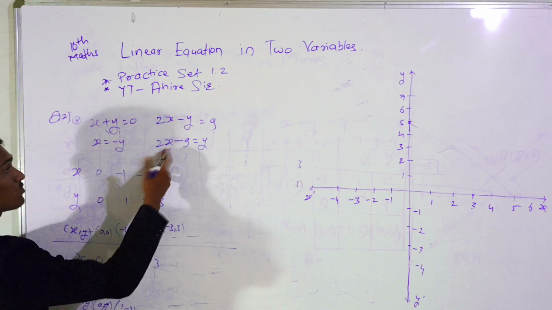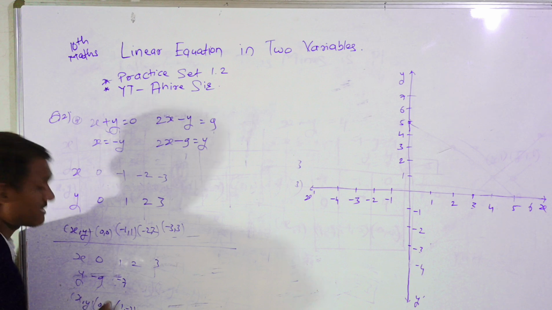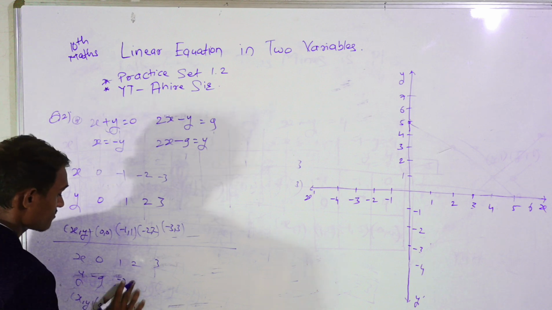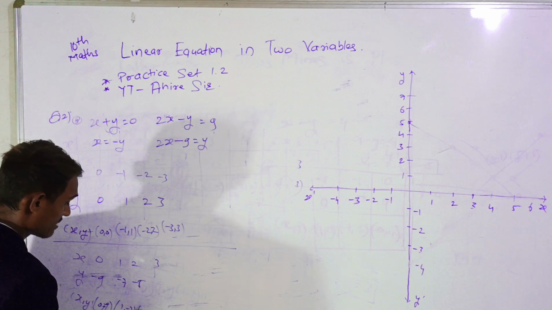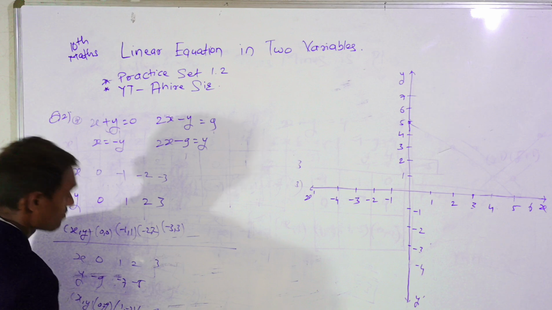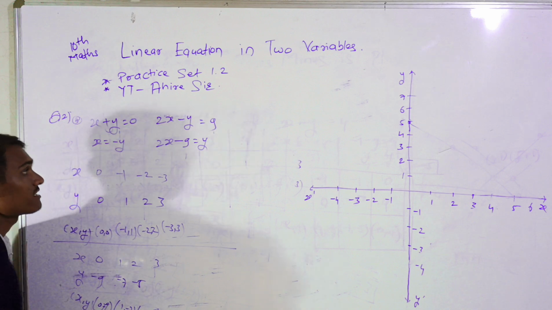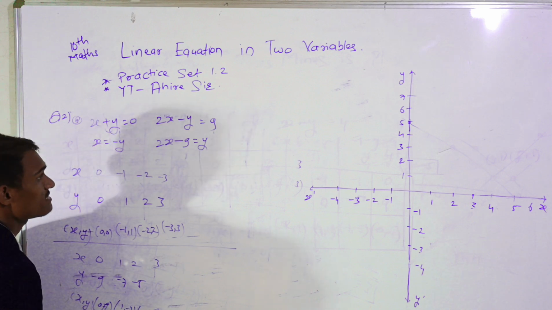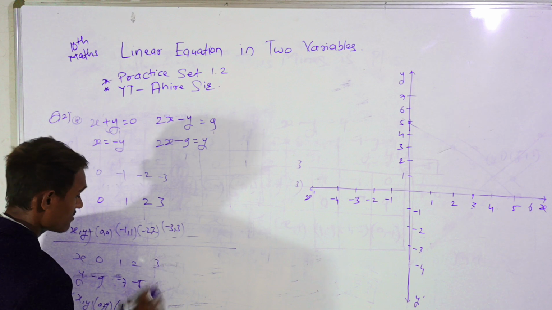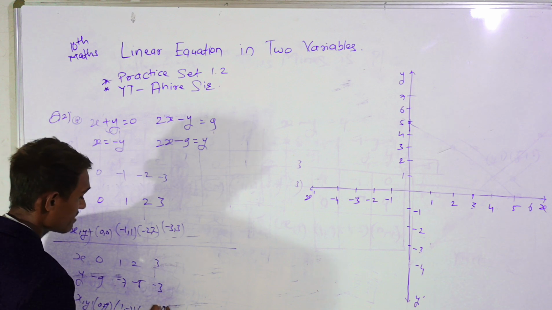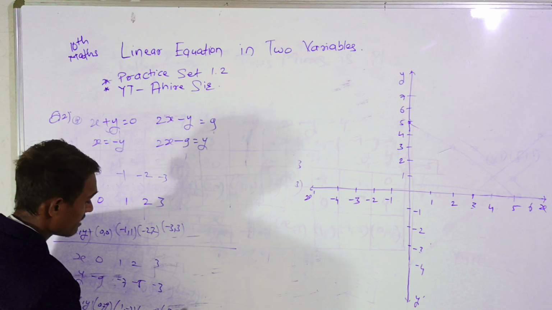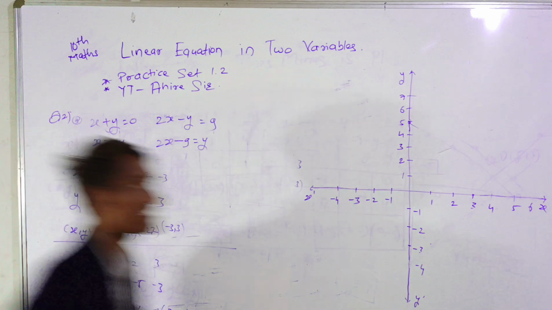When x is equal to 2, 2 into 2, 4, 4 minus 9, minus 5. Coordinates become 2, minus 5. When x is equal to 3, 3 into 2, 6, 6 minus 9, minus 3. 3 and minus 3. We got these coordinates.